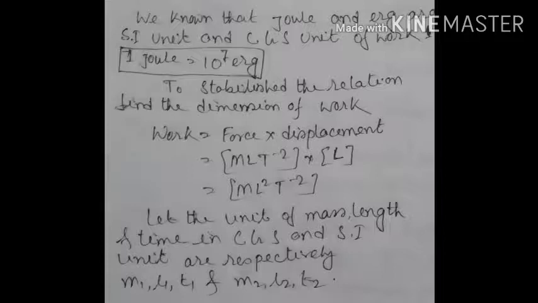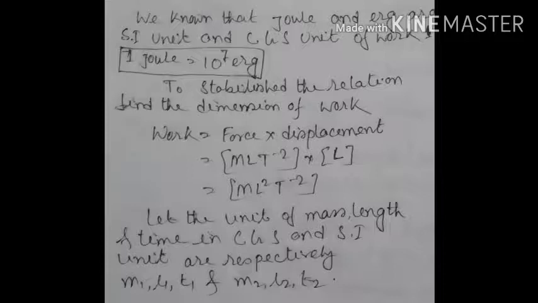To satisfy this relation, first we have to find the dimension of work. The physical quantity work is defined as force into displacement. We have calculated the dimension of force, that is MLT^-2, and the displacement is a length, so L. Finally, the dimension of work is ML^2T^-2.